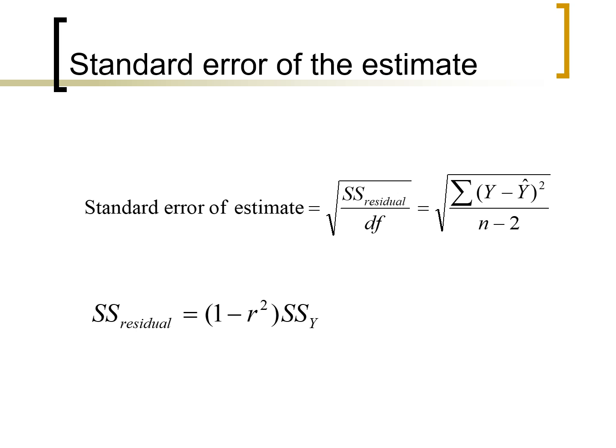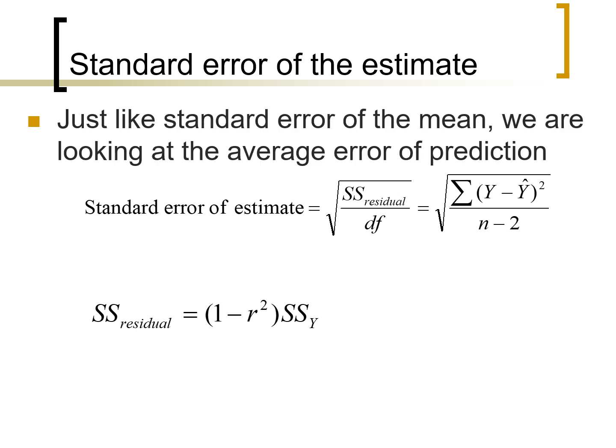So basically, we have a standard error of the estimate formula, and just like the standard error of the mean, especially for t-tests or our z statistic, in this case, we're taking our error term, our total error, the residuals.